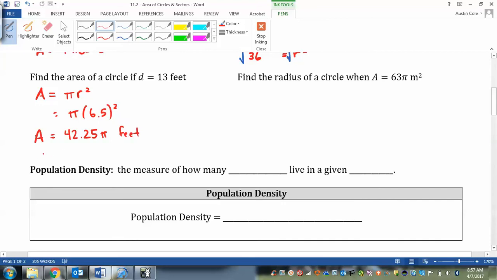And then our estimated answer or approximation is, Eric, what do you get there when you do that? 132.73. We agree with Eric there?